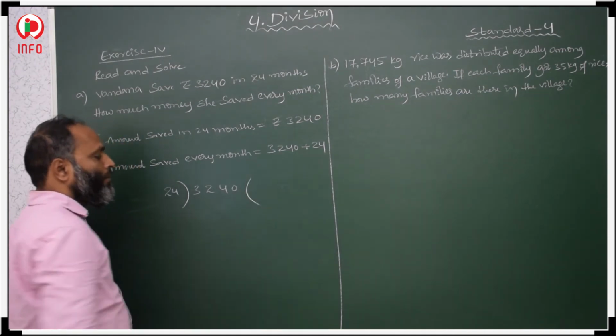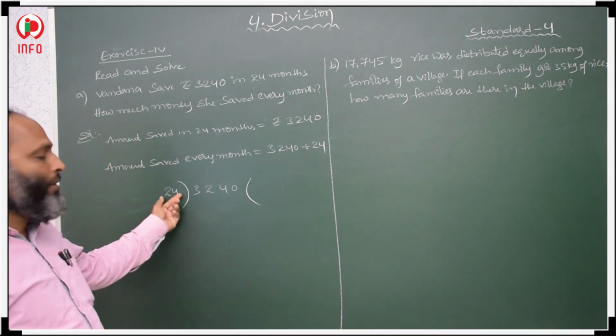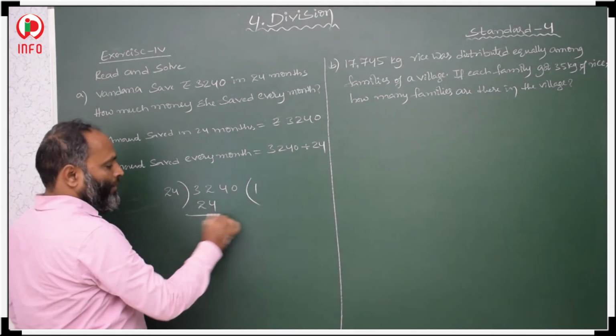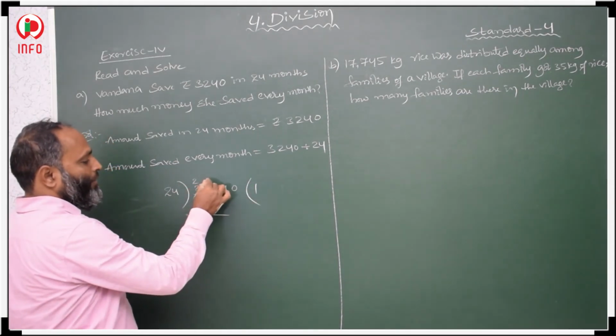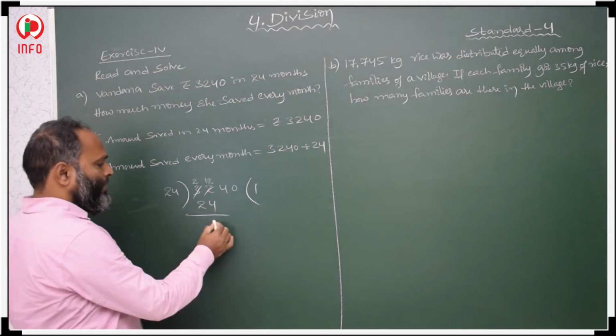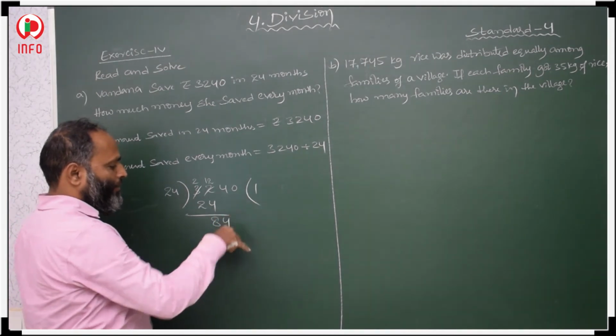Now 32 is greater than 24, so we take 32. 24 1s are 24. Borrowing from here we get 12. 12 minus 4 is 8, 84.